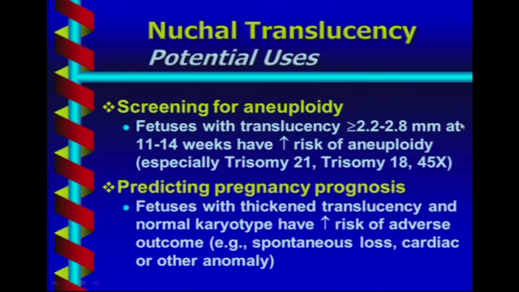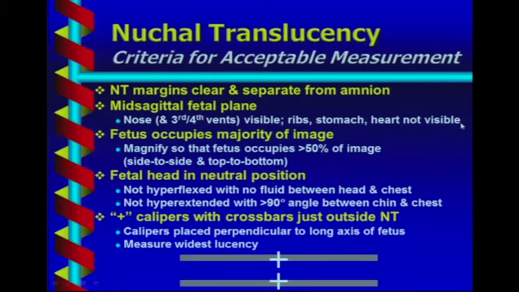It also gives information about pregnancy prognosis beyond aneuploidy, in that fetuses with a thickened nuchal translucency, especially above 3 millimeters, even if their karyotype is normal, have an elevated risk of adverse outcome, including spontaneous pregnancy loss and cardiac anomalies.